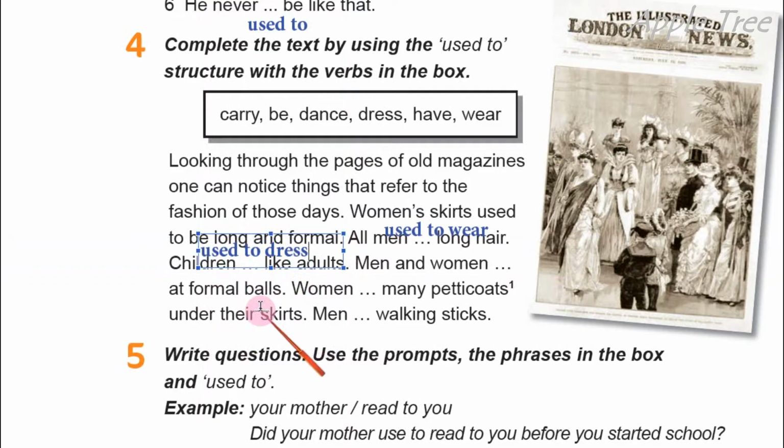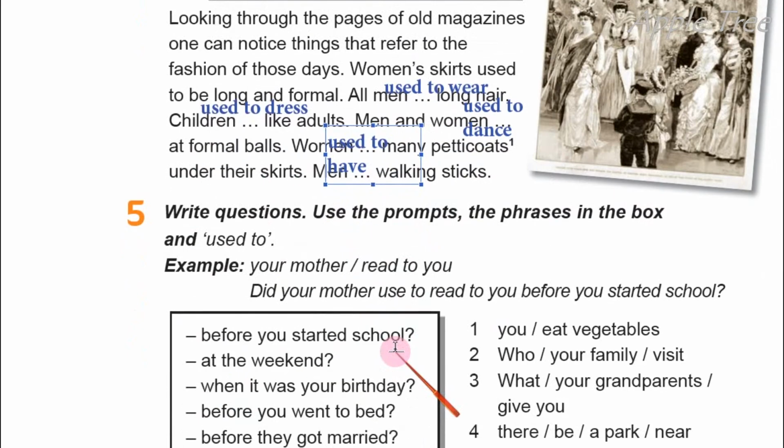Men and women at formal balls. Balls – це бали. Used to dance. Танцювали раніше. Used to dance at formal balls. Women used to have petticoats under their skirts.